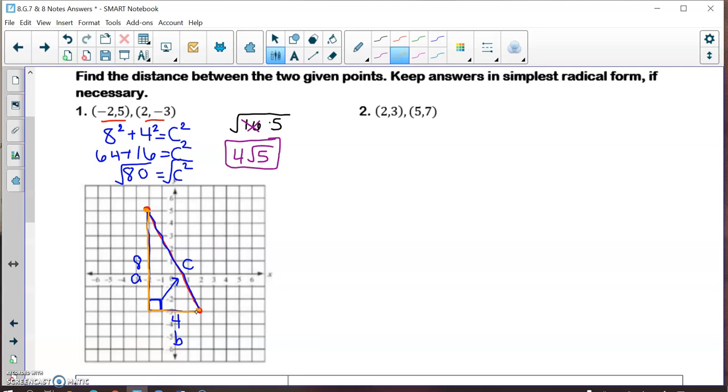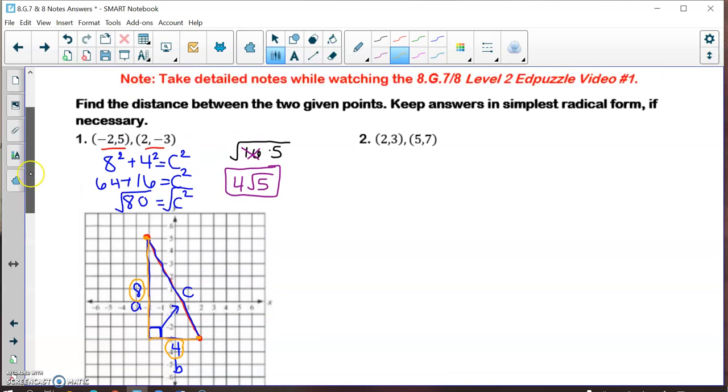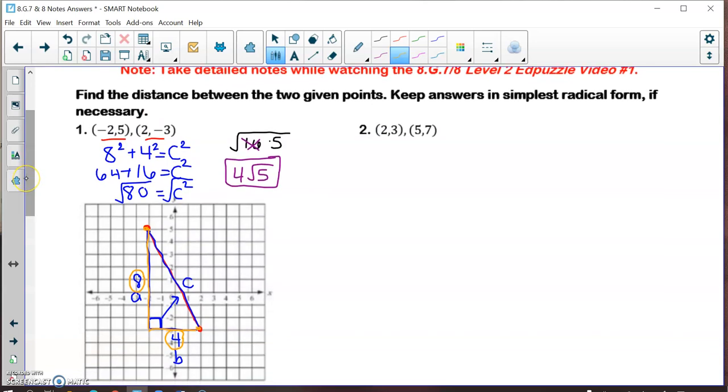And my rise is one leg of my right triangle, and my run is another leg of my right triangle. Both your rise and your run need to be positive because we cannot have negative lengths on a triangle.